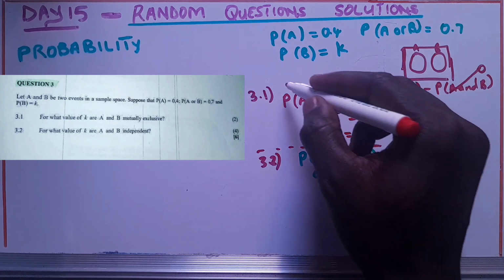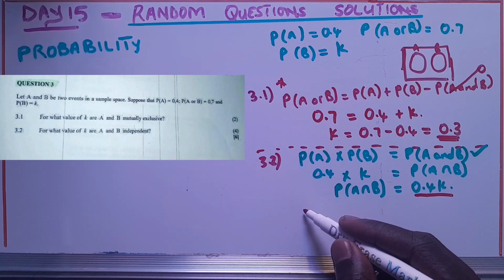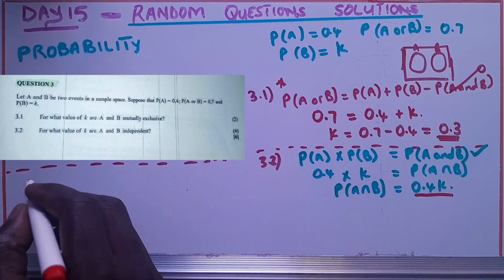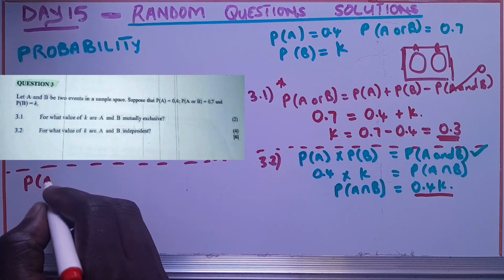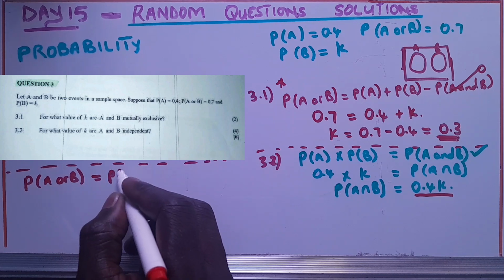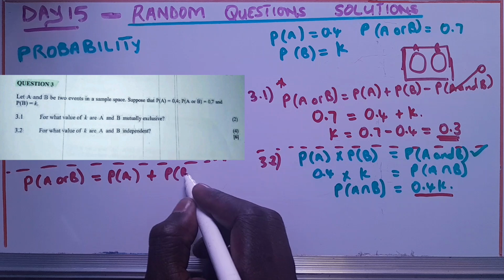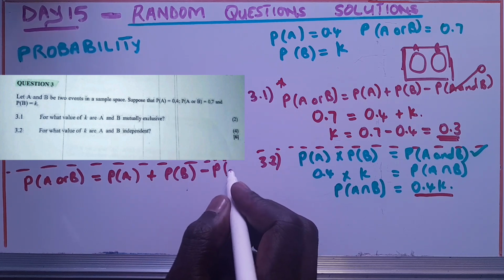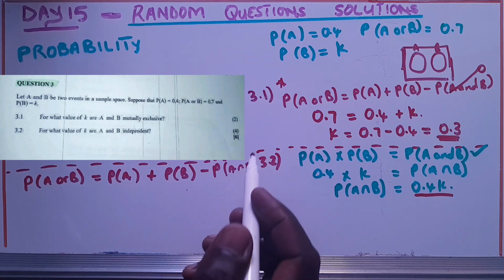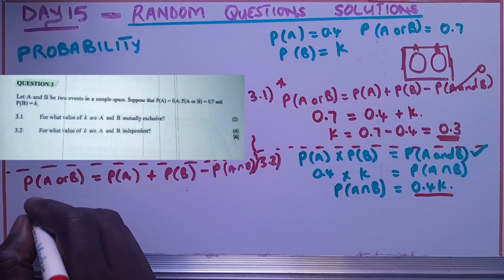So again, we are going to use this golden rule, which says that the probability of A or B is equal to the probability of A plus the probability of B minus the probability of A and B. So what is our probability of A or B?